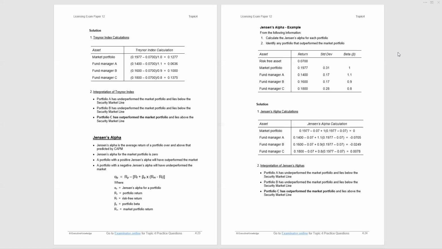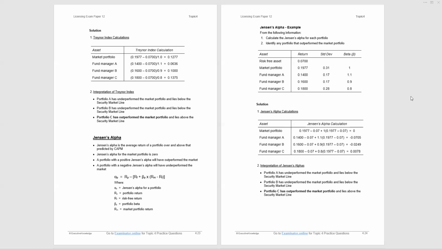And interpreting Jensen's alphas, portfolio A has underperformed market portfolio, lying below the security market line. Portfolio B has also underperformed the market portfolio because of the negative alpha and lies below the security market line. But portfolio C has outperformed the market portfolio and lies above the security market line.